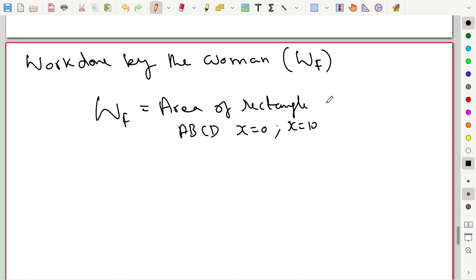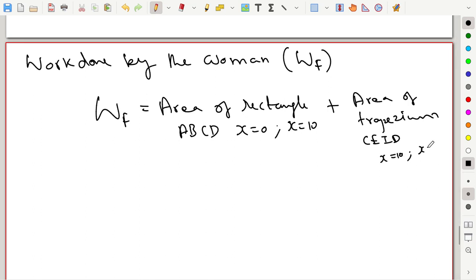After that her force linearly declines and she travels another 10 meters. So it is the area of the trapezoid CEID, from x equal to 10 meters to x equal to 20 meters.